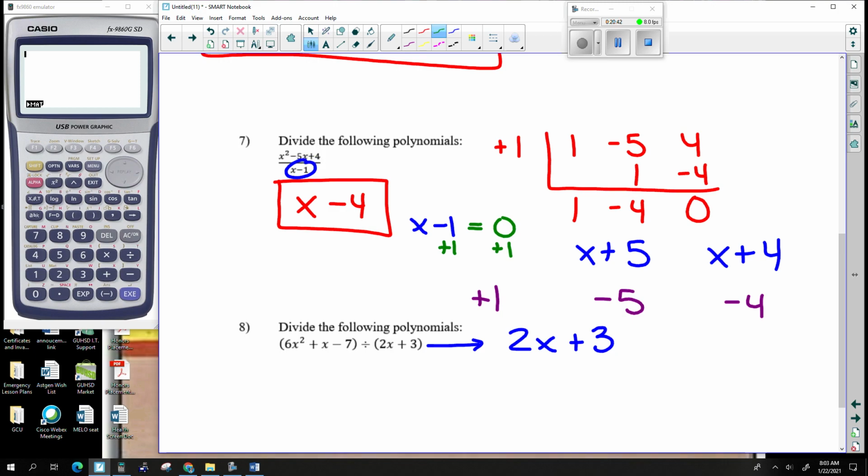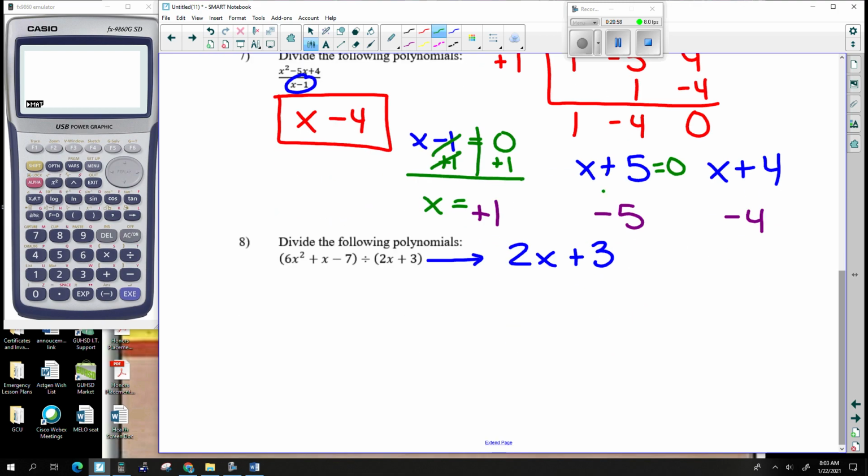I would have to add 1 to both sides, and then x is equal to +1. That's technically what I'm doing. So in here, if I set that x plus 5 equal to 0, I have to subtract 5 from both sides, and that makes x equal to -5. Same with right here, set it equal to 0, -4. Thus, the x is -4, and that's the number that I use on the outside.